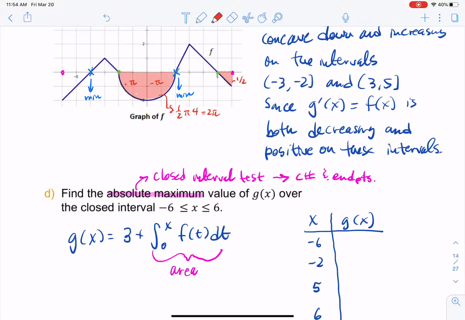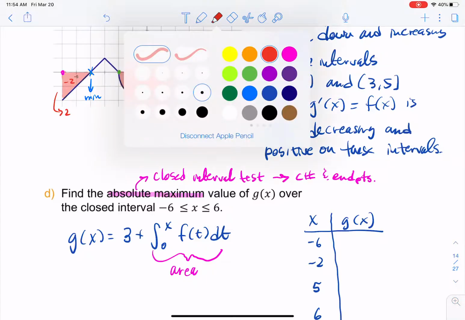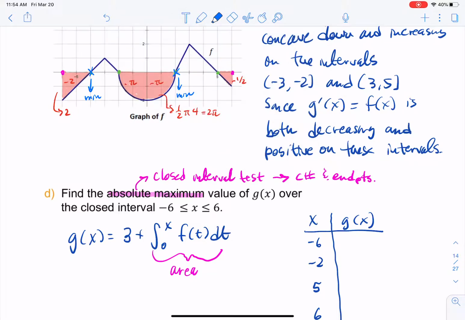And then we've got one more piece that's down below. This one is a 2 by 2, which is 4. Take half of that, which is 2. So again, a -2 for this portion. All right, and then we have two triangles that are up above. I'm guessing they should be blue. So here's one.